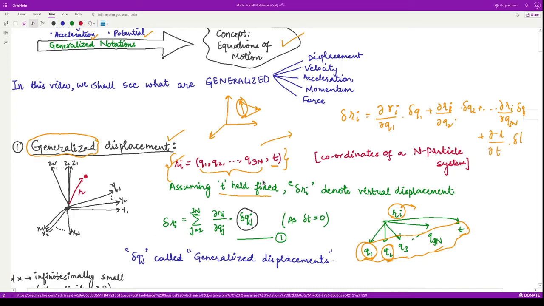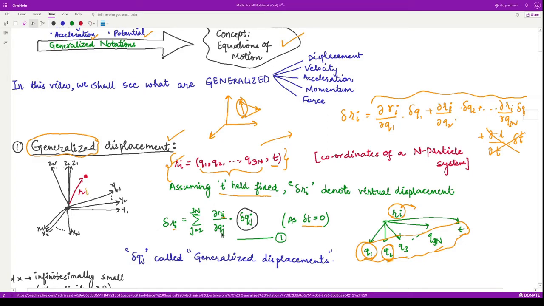Now because we have assumed t to be fixed, this del t is 0, therefore this last term won't come. So this can be written as delta Ri equals the summation over j varying from 1 to 3n of del Ri divided by del qj into delta qj. This Ri is the position vector for the ith particle, right?